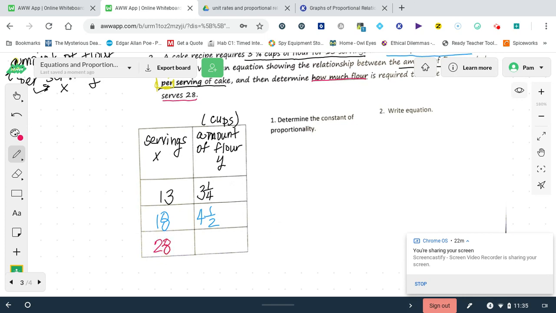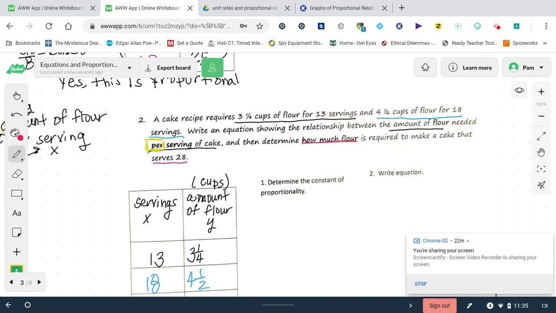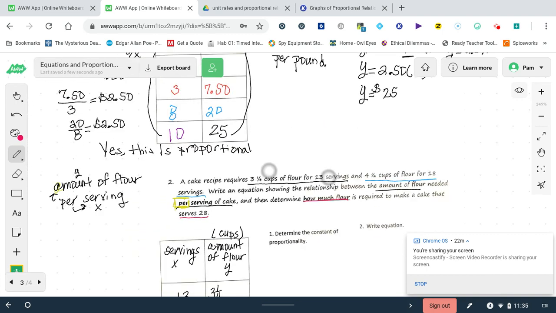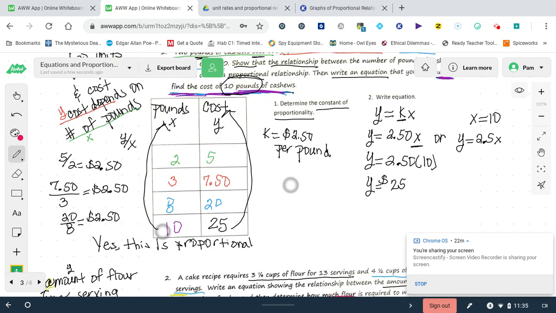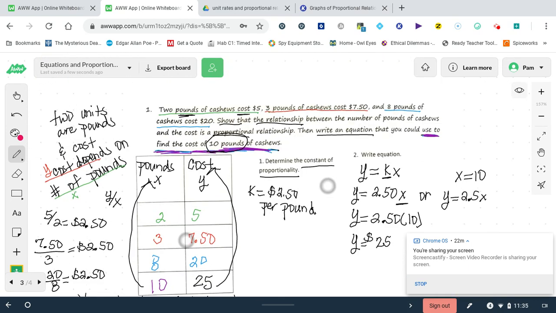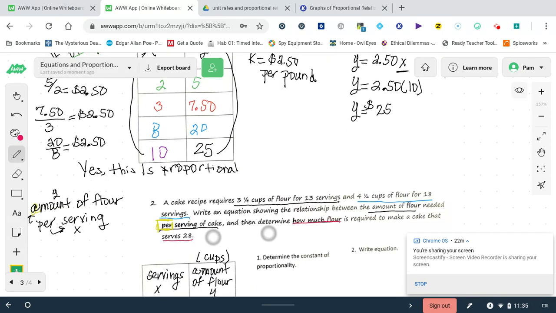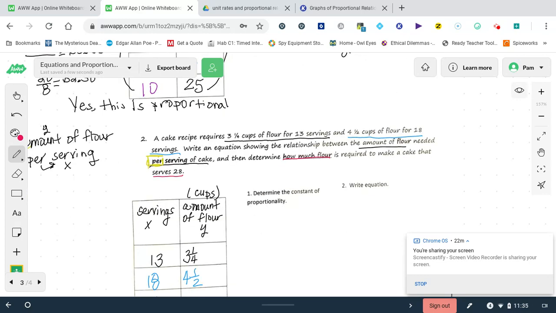Okay, but first of all, let's see. Does this tell us that we need to determine if it's proportional like this one does? So I'm going to make sure everybody's reading. On this one, we had to show that the relationship between the two was proportional. But on this one, do we need to show it?